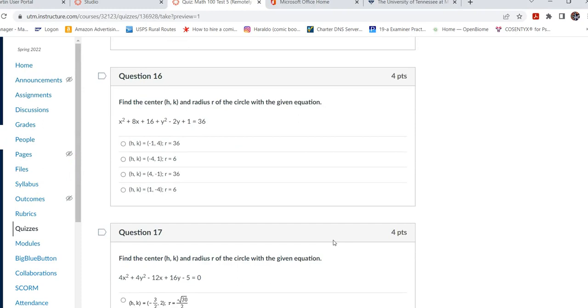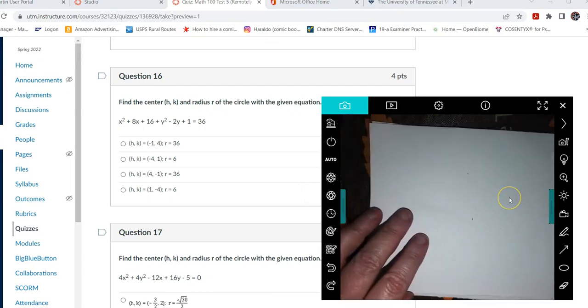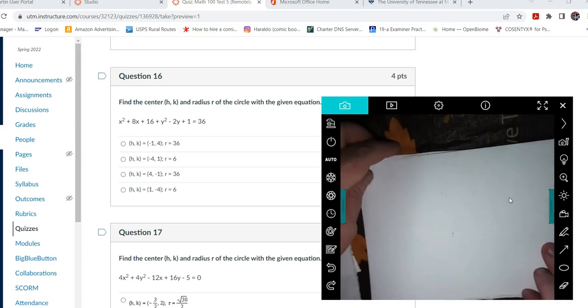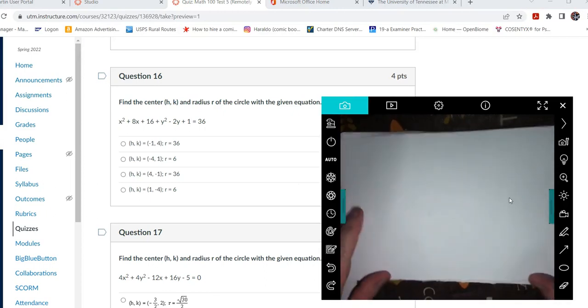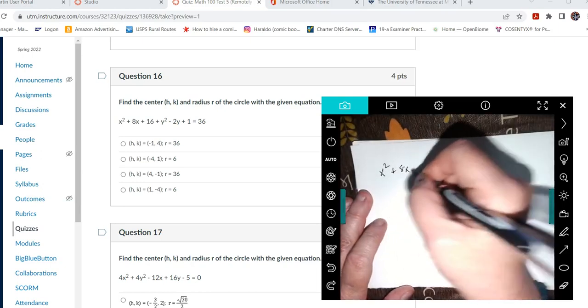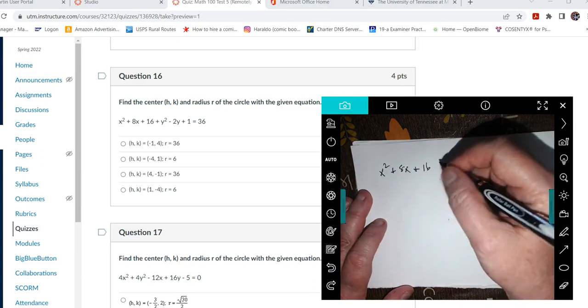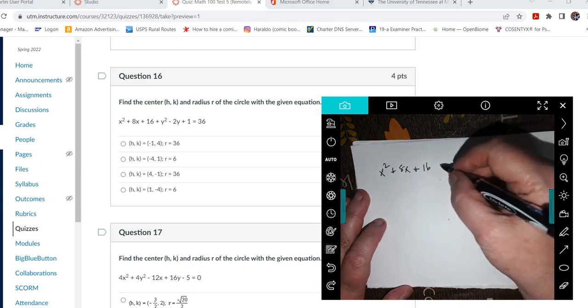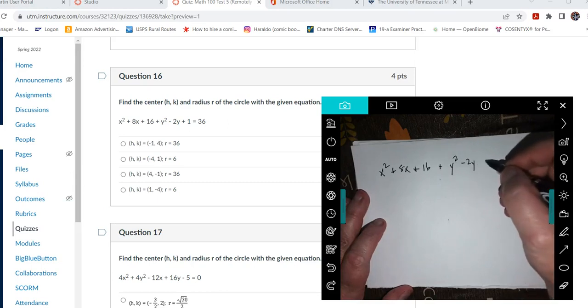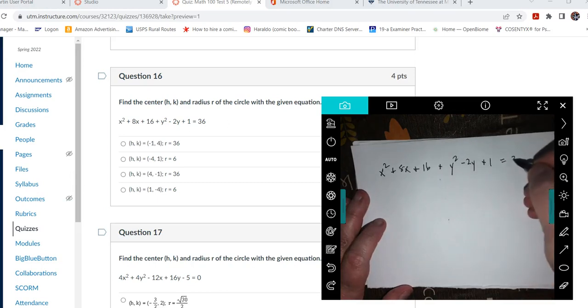All right, now we want to find the center and the radius of the circle with that equation. So we're going to have to complete the square. Okay, so we have x squared plus 8x plus 16 plus y squared minus 2y plus 1 equals 36.